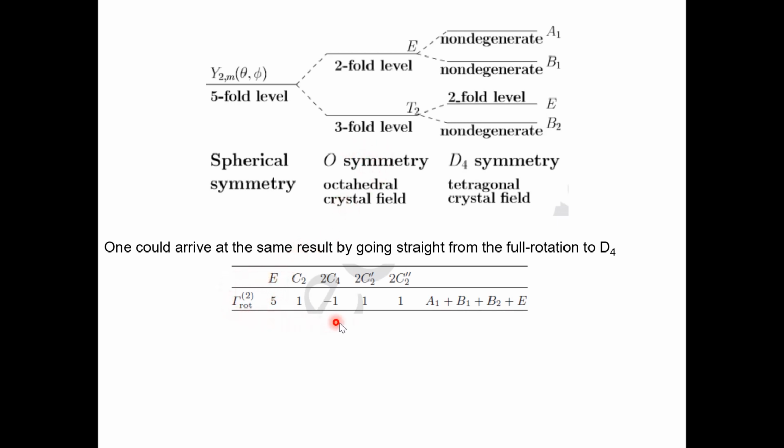So I would start again from the full rotation group's irreducible representation and decompose it now into the irreducible representations of D4, and the result would be essentially the same, right? I have to get the same result: A1 plus B1 plus B2 plus E. So A1 plus B1 plus B2 plus E. You can check that this is correct if you want. Okay?